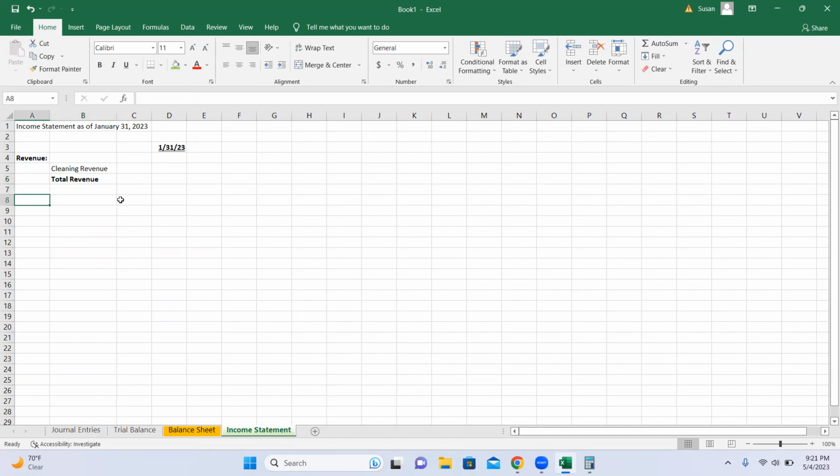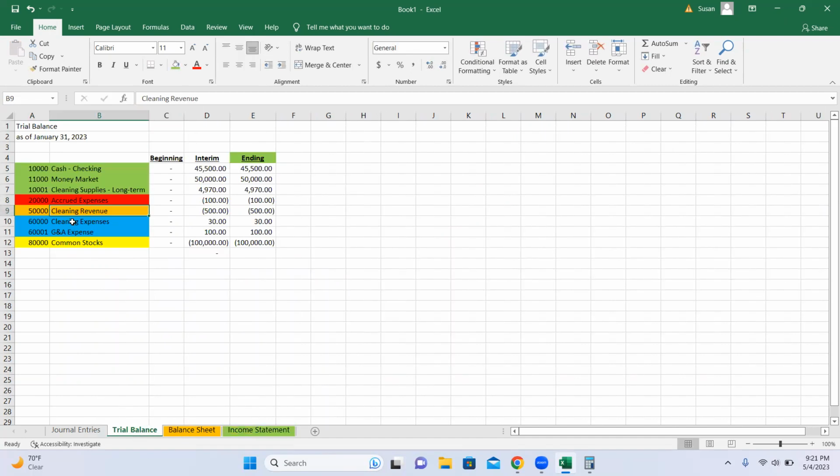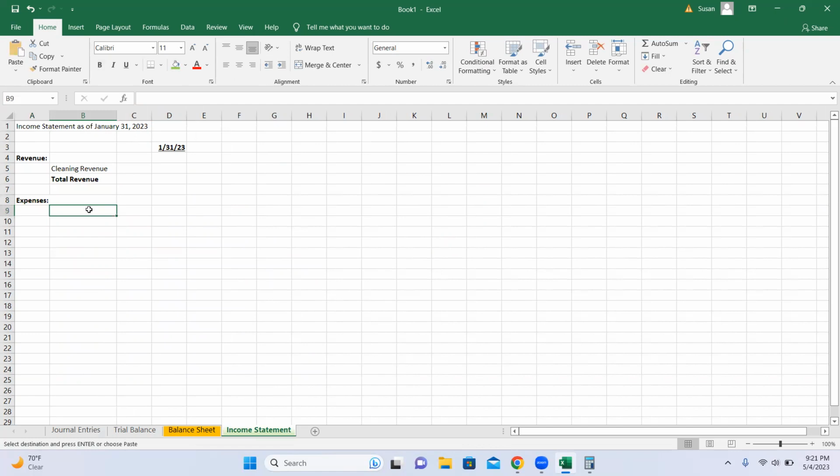And then expenses, we have two types of expenses, a cleaning expense and a general and administrative expense. Now you can sub-categorize it even further, but for simplicity purposes, I'm just going to lump it up.